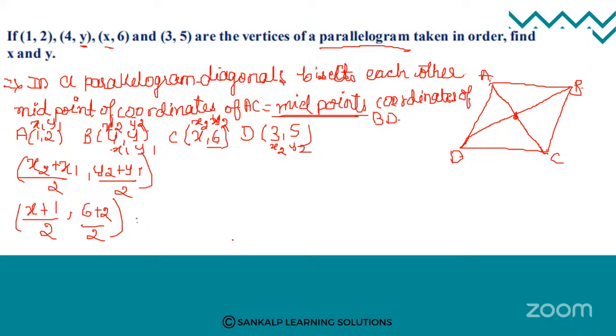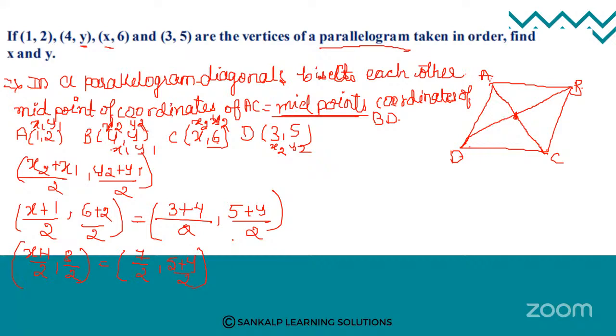Next is the diagonal BD, midpoint of the coordinates of BD. When you are taking from B to D, this is x1, y1 and this is x2, y2. Now x2 value is 3 here and x1 value is 4, divided by 2. y2 value is 5 and y1 value is y, divided by 2. Okay. Now, x plus 1 divided by 2, and 6 plus 2 is 8 divided by 2, is equal to 3 plus 4 is 7 divided by 2, and 5 plus y divided by 2.